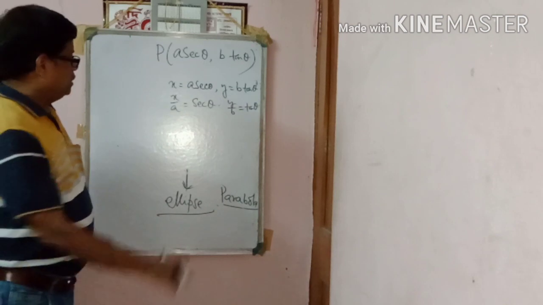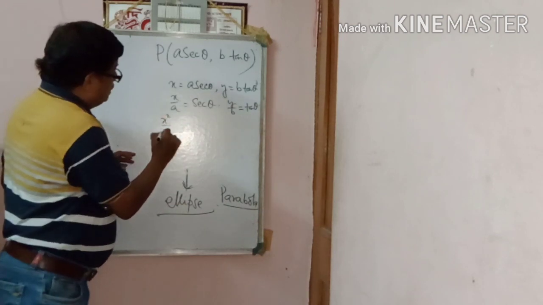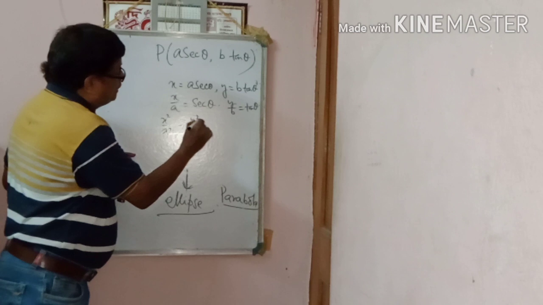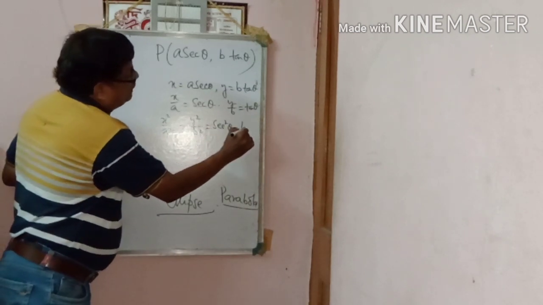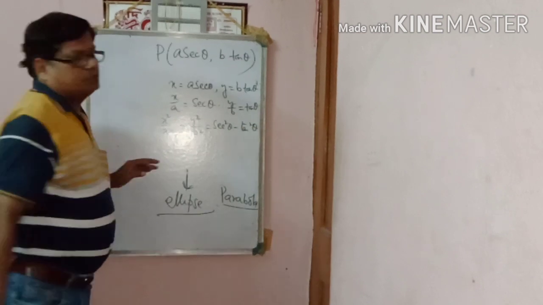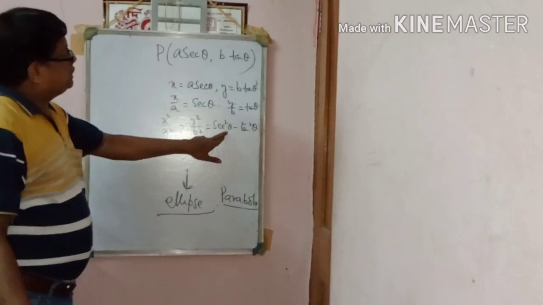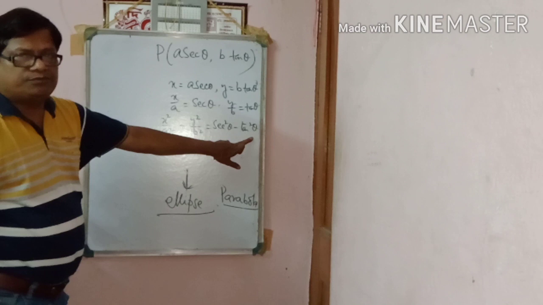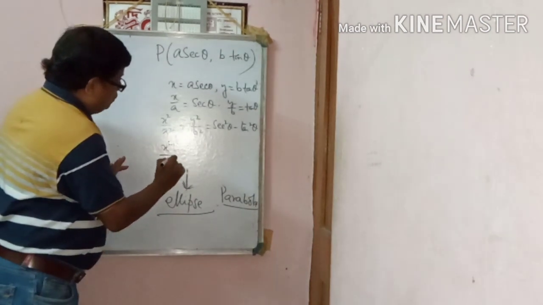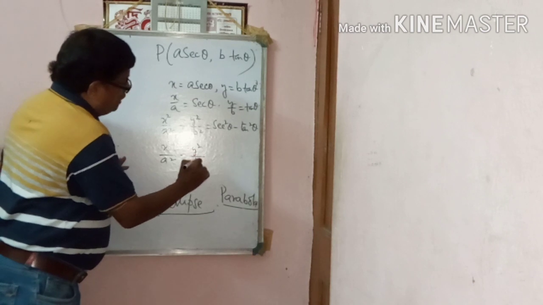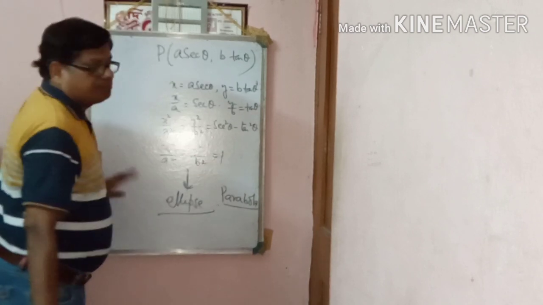So x square by A square minus y square by B square equal to sec square theta minus tan square theta. All of you know sec square theta minus tan square theta is 1. So x square by A square minus y square by B square equal to 1.